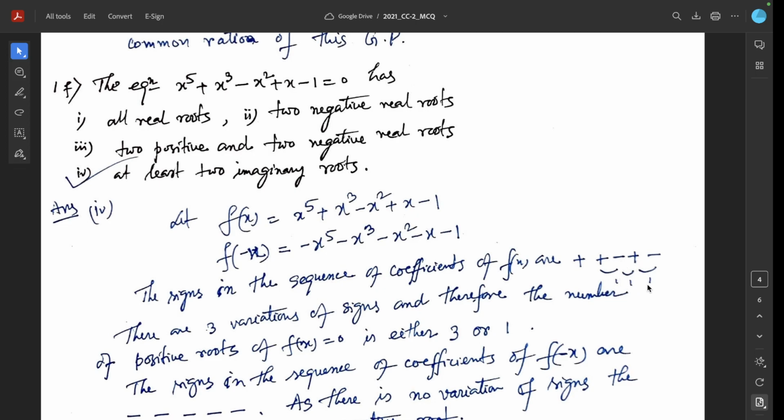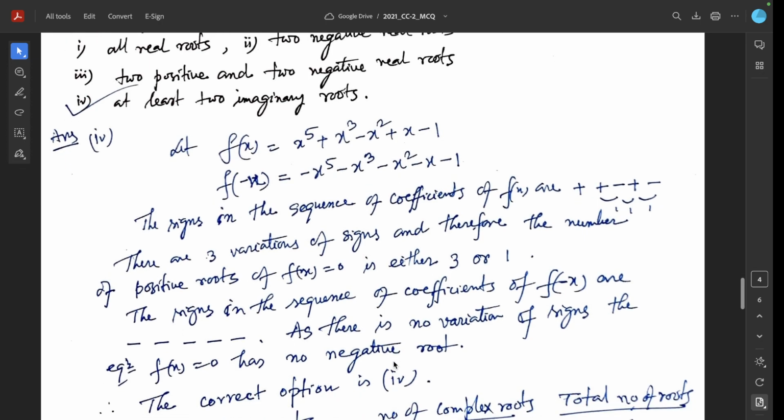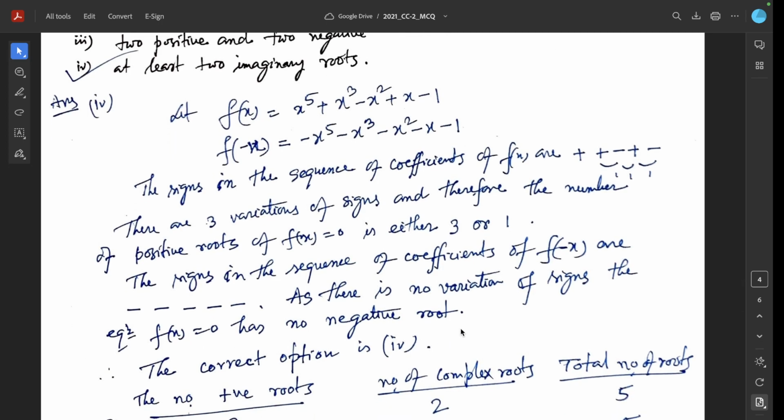There are 3 changes of sign, and therefore the number of positive roots of f(x) equal to 0 is either 3 or 1. The signs of the coefficients of f(-x) are minus, minus, minus, minus, minus. So there is no variation of sign, and the equation f(x) equal to 0 has no negative roots.